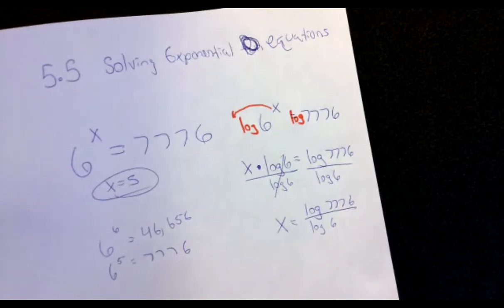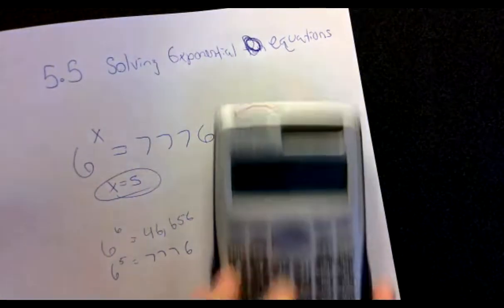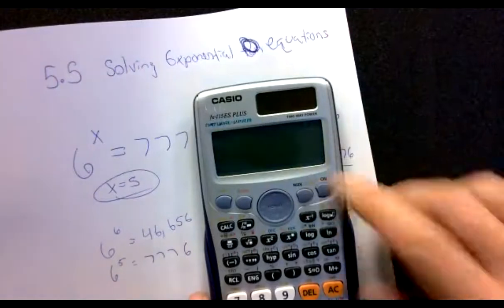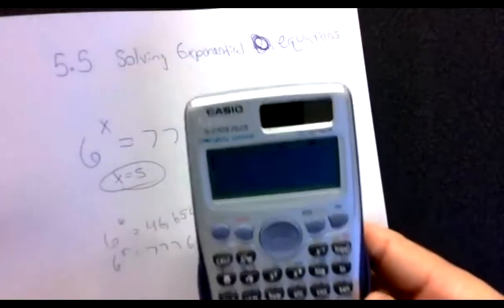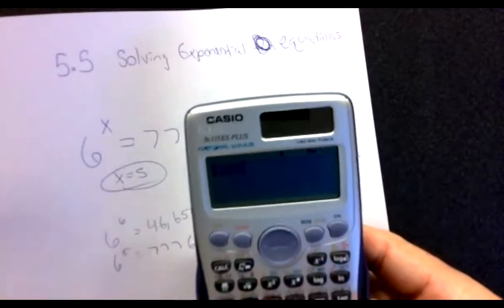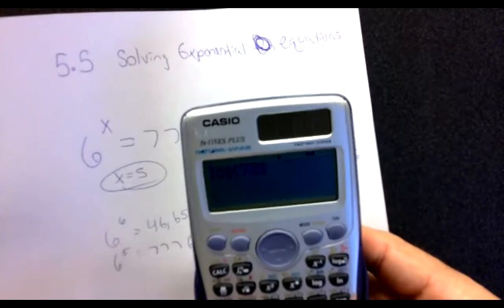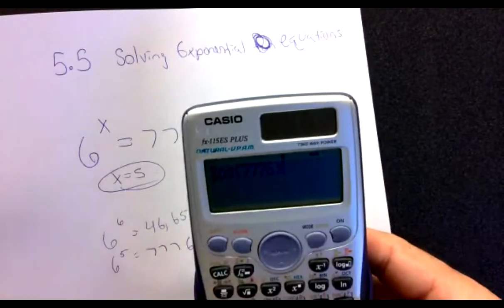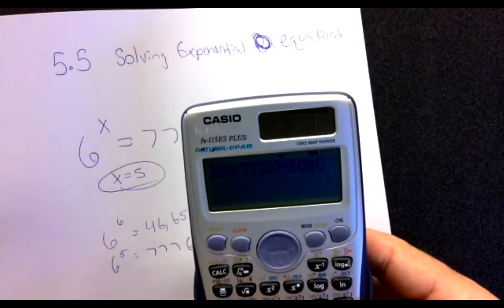Most of the time we're going to be rounding, so I'm going to go ahead and plug this into my calculator. When you hit the log button on your calculator, and then that 7,776, make sure you close your parentheses so we actually do take the log of that number. And then we're going to divide that by the log of 6.